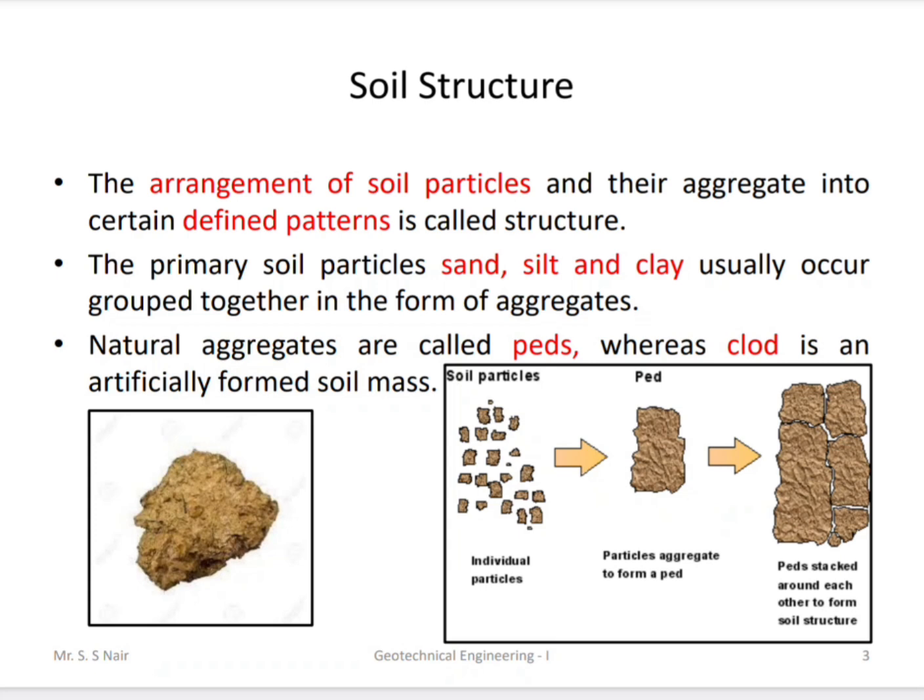Here you can see the natural aggregates called peds, whereas a clod is an artificial soil mass. Here you can see individual particles aggregate to form a ped, and peds stack around each other to form a soil structure. So this is the process to form a soil structure.